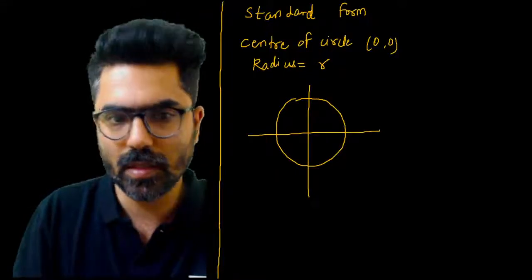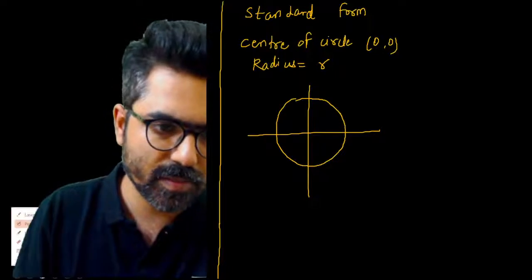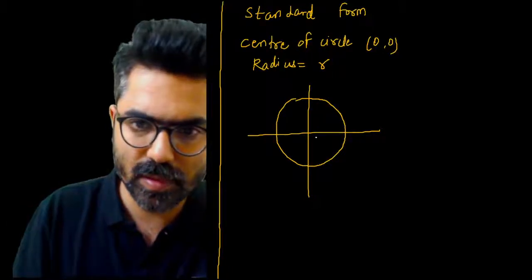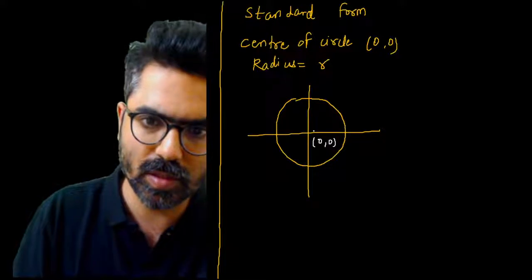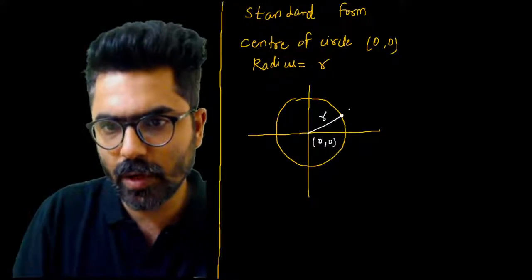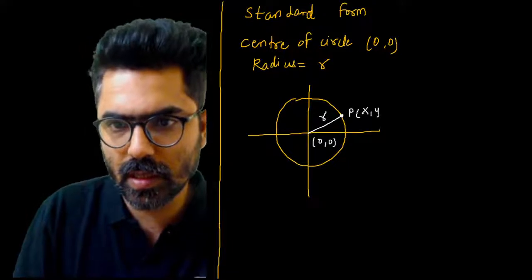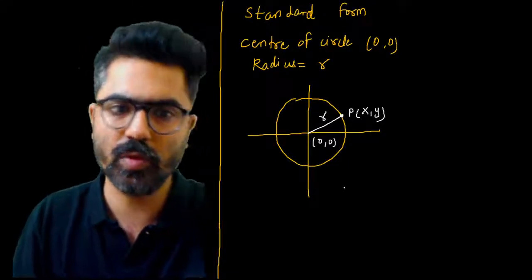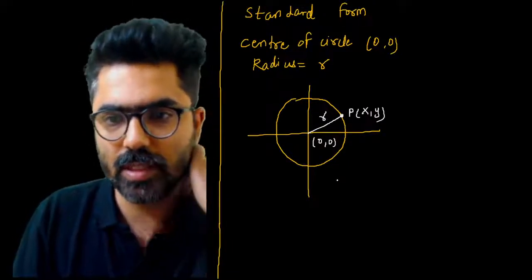Let's say this is a circle. The center of this circle is origin, and the radius of circle is r. Now let's assume a variable point as P (x, y).